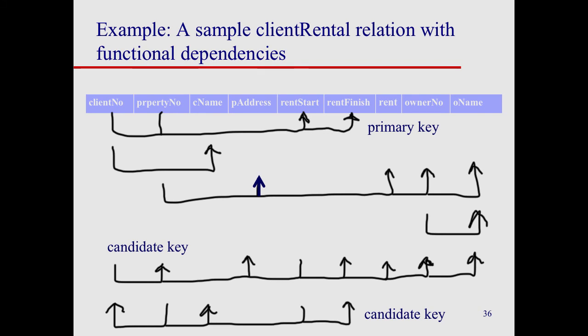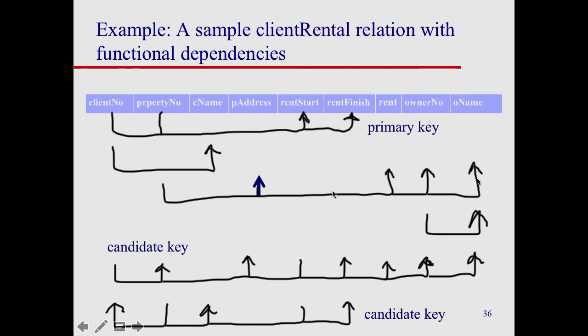And you'll notice that, in fact, the client number and property number also determine all of these other attributes. The client number determines the client name. The property number determines the property address, the rent, and the owner number. Based on what I just said, I shouldn't have an arrow here for owner name. Why shouldn't I?